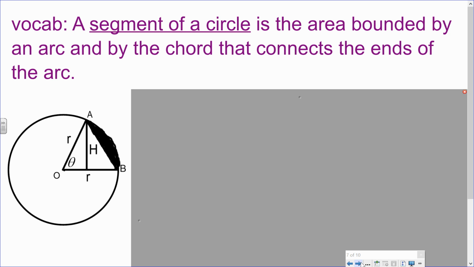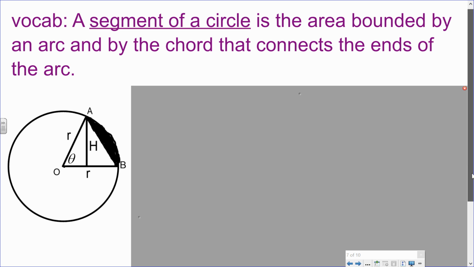So what you really do is you take a sector, a piece of pie, you take the biggest possible triangle that you can and leave that behind, and it's just that part on the outside. Formal definition in words up here, it is the area bounded by an arc. So if we take the arc from A to B, and then we take the chord, so the straight line from A to B, it's the piece in between there.